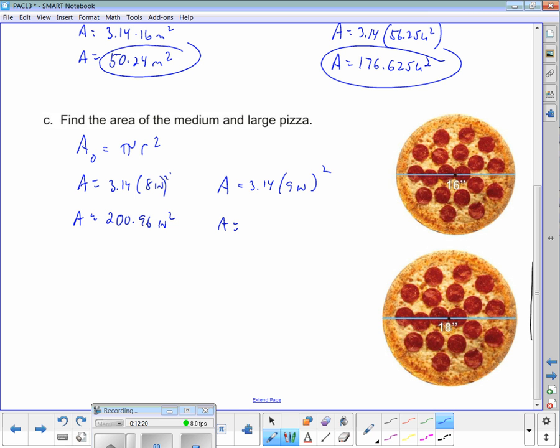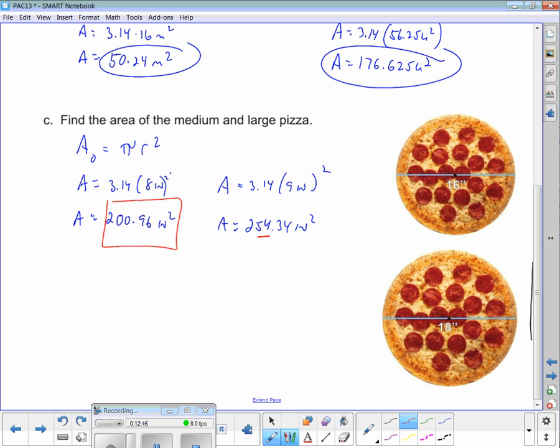Somebody in the last 3 rows, tell me what you got for your area. I'm looking for someone that hasn't said anything yet. Eduardo, what do you got for your area? 254.34. How many agree with Eduardo, 254.34? Okay. 200 roughly, correct?